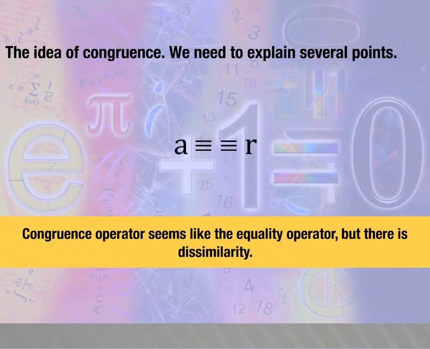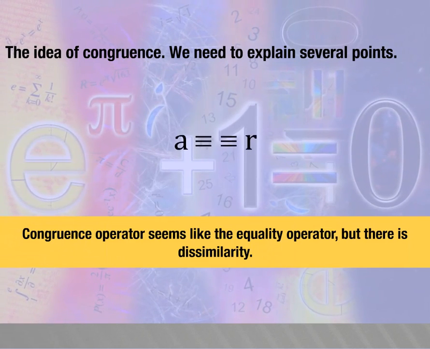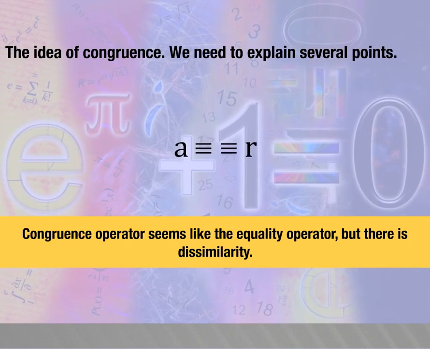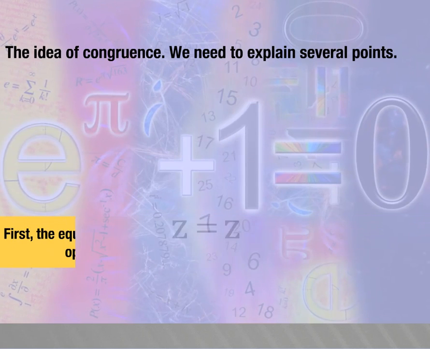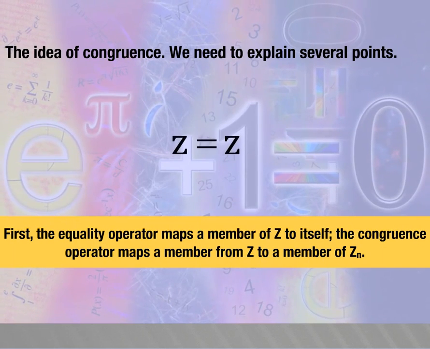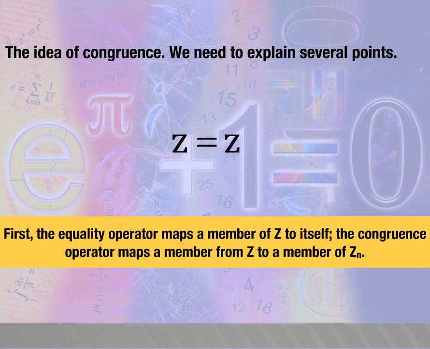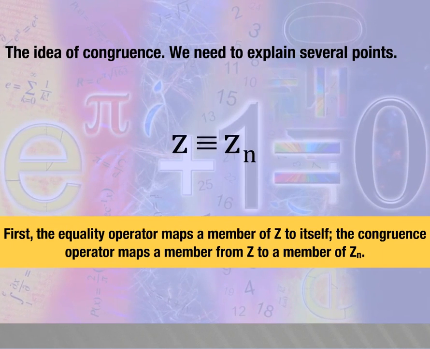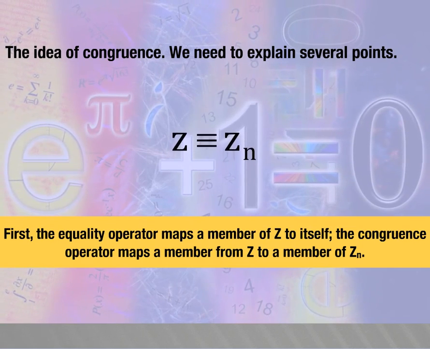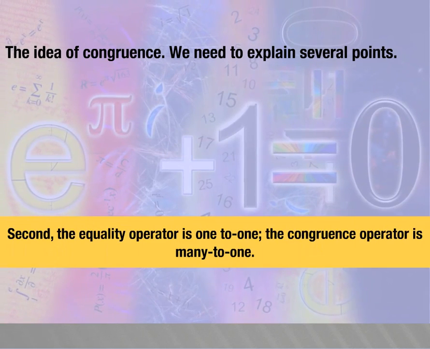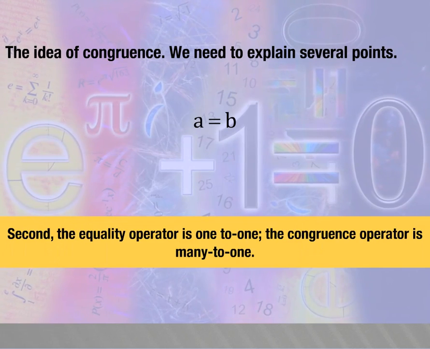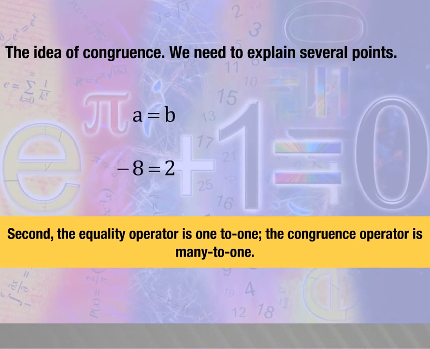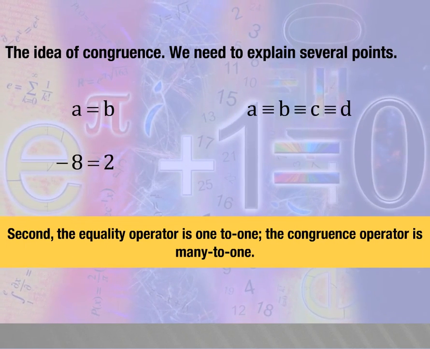The congruence operator seems like the equality operator, but there is a dissimilarity. First, the equality operator maps a member of Z to itself. The congruence operator maps a member from Z to a member of Zn. Second, the equality operator is one-to-one. The congruence operator is many-to-one.